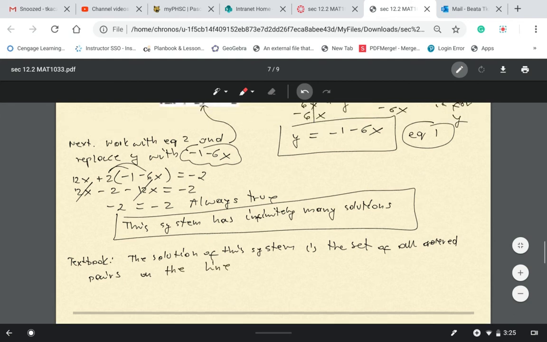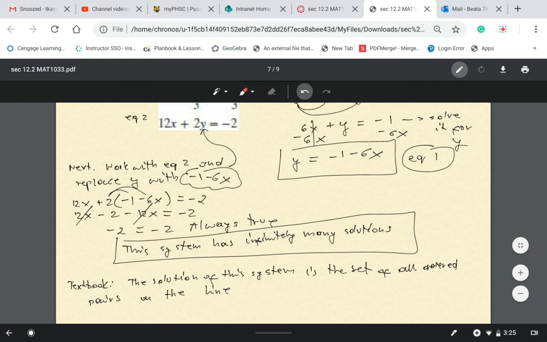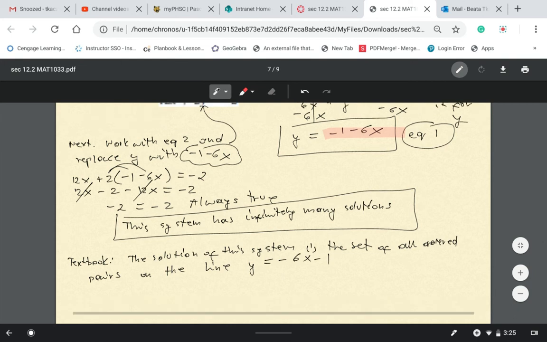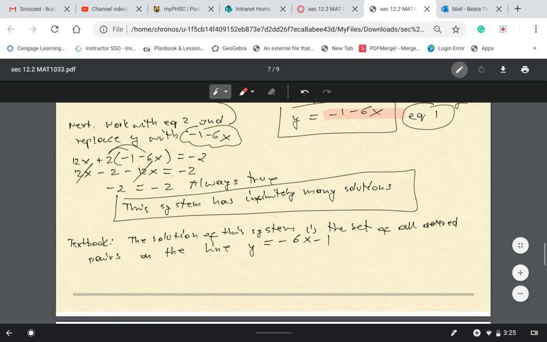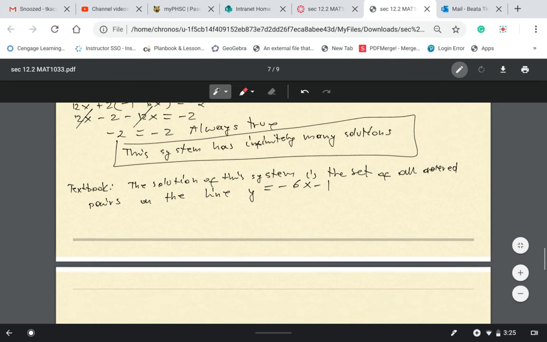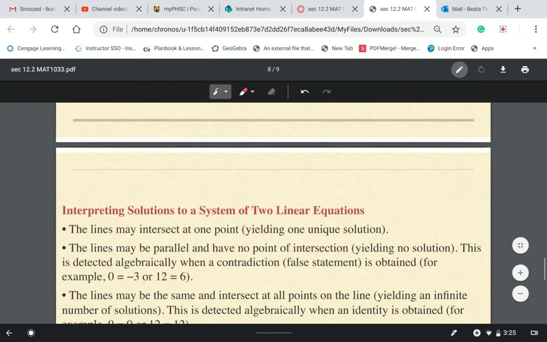On which line? The one which you solved for y from the first equation. On the line y equal negative 6x minus 1. I'll just rewrite that in slope-intercept form. So this is how the textbook leaves the solution. I'm writing the answer for you guys.